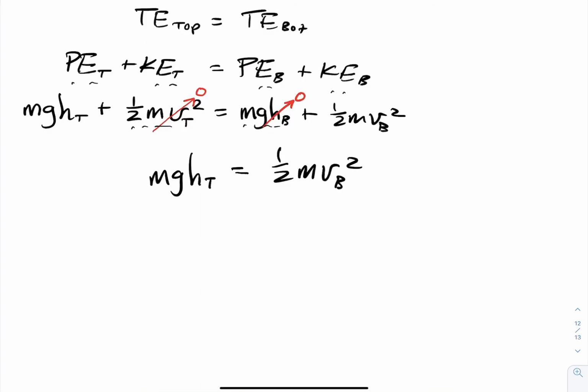Now we can do a little algebra and solve the problem. If we divide both sides by mass, the masses cancel. And I can multiply both sides by 2 because we're looking to solve for v, right? So we end up with 2gh top equals v bottom squared. We'll square root both sides and we can get the solution.